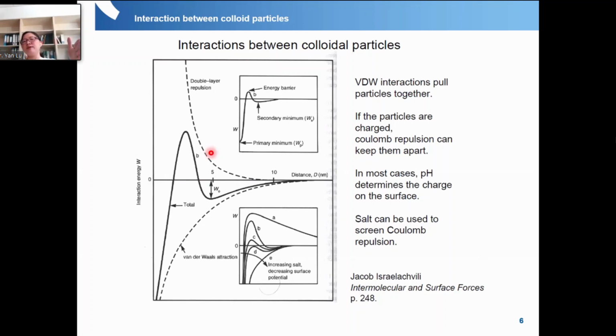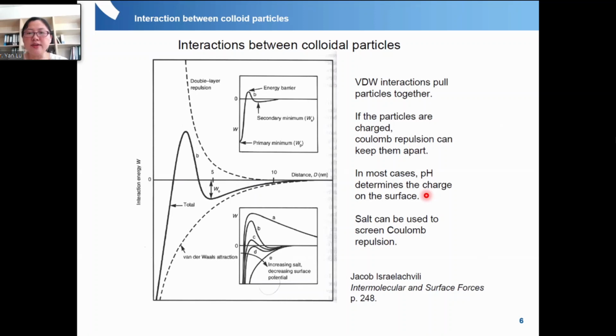Then you have the competition between the van der Waals interaction and the repulsion. Depending on the system, but in most cases, the charge on the surface is pH dependent. So you can use pH to change the charge on the surface.